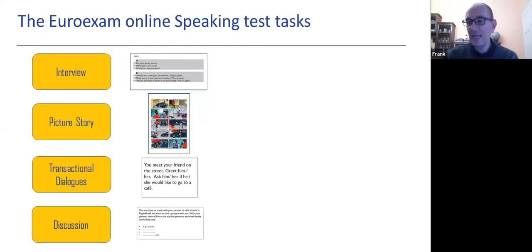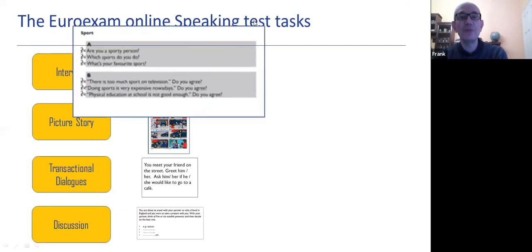Now, how can we help our students to do the kind of online tests that they're going to meet? This is the B2 exam format that we have at Euroexam. So we begin with a short personal interview where the student is asked one or two questions like, are you a sporty person? These kind of general topics.